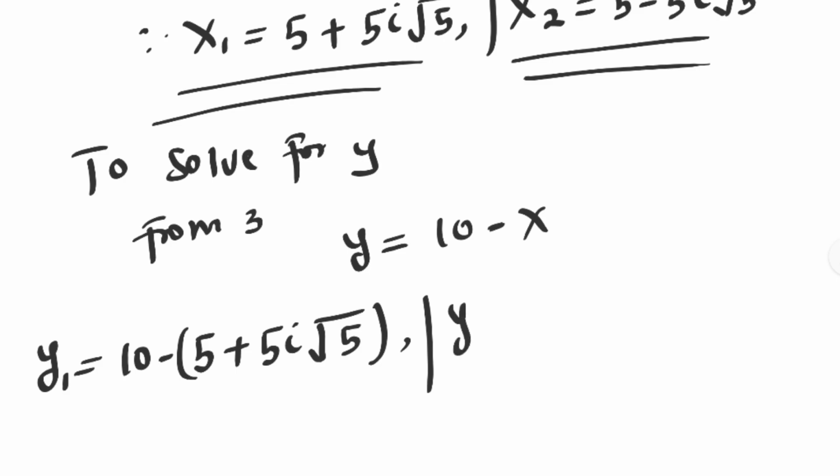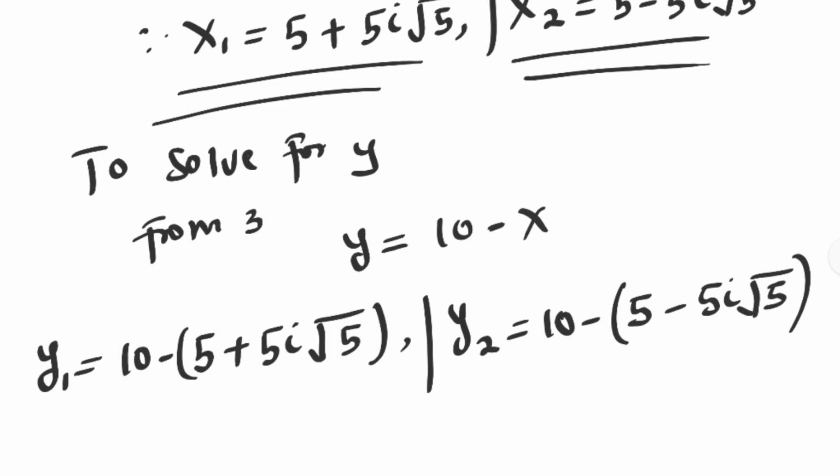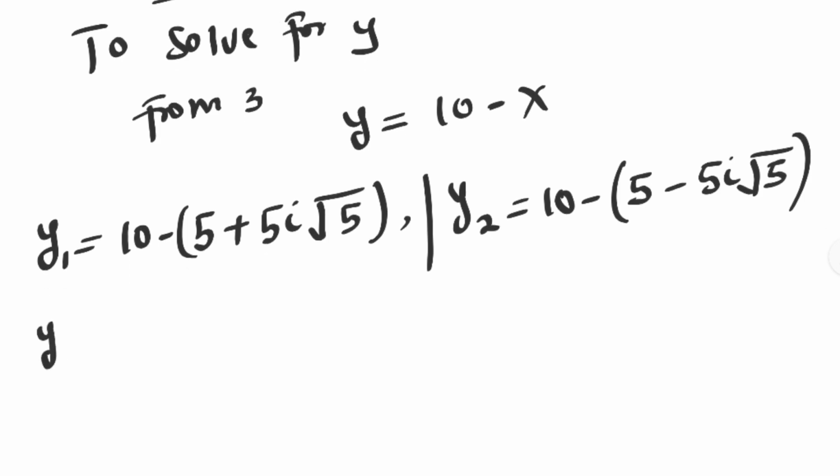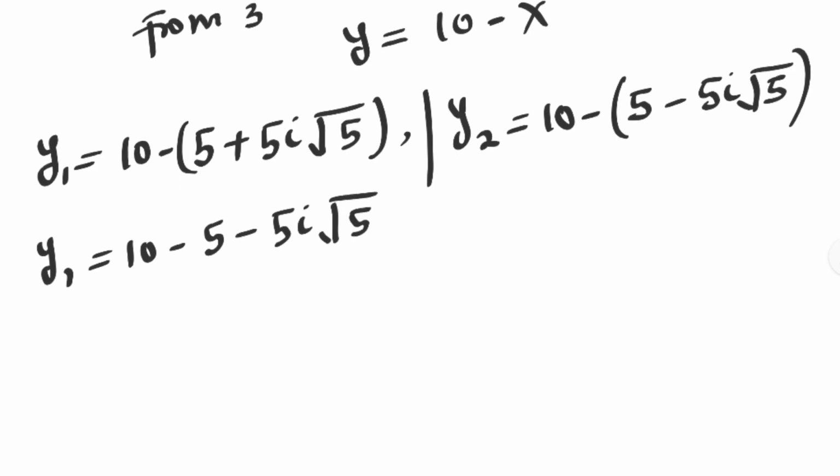And y2 is equal to 10 minus 5 minus 5i root 5. y1 is equal to 10 minus 5 minus 5i root 5, if you open the bracket with this negative sign here. y1 is equal to 10 minus 5, 5 minus 5i root 5.